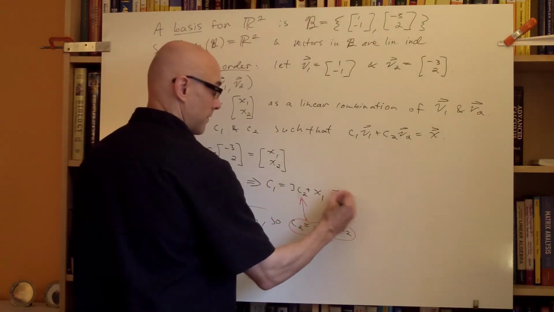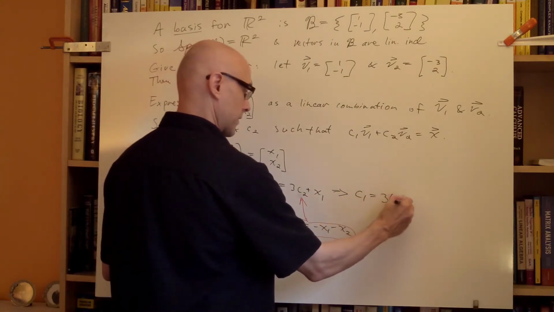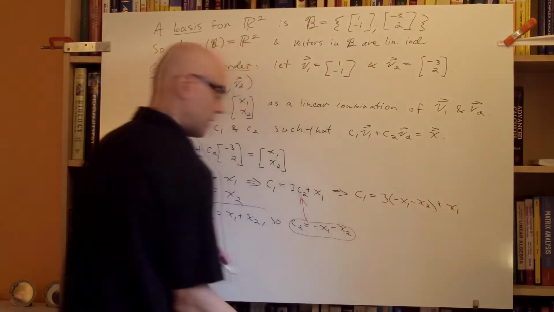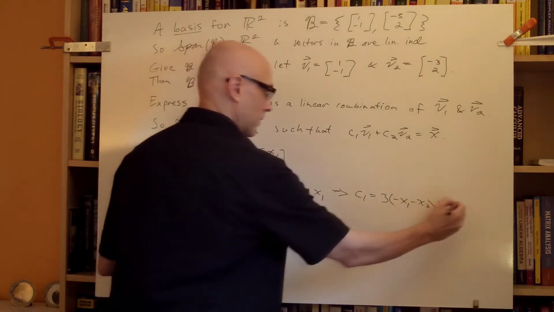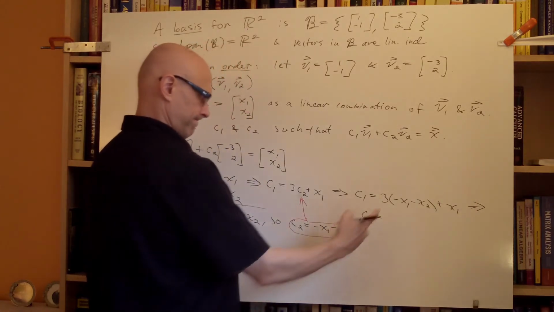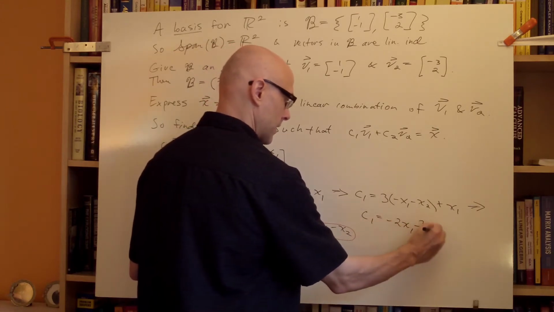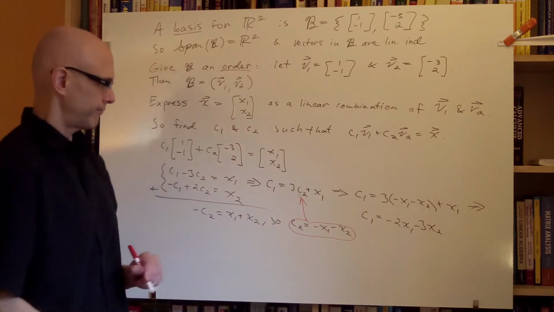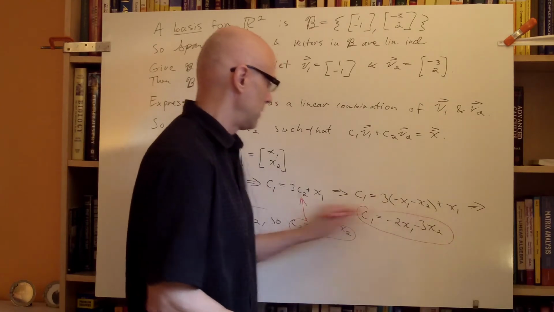So we have C1 is all this good stuff here. Negative 3x1 gives a negative 2x1 minus 3x2. Okay, so that's C1.